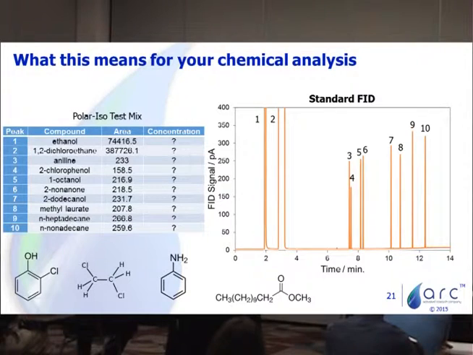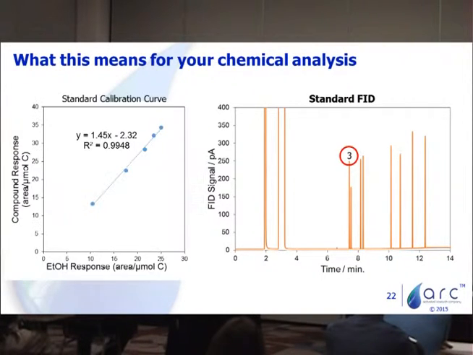So what do we all do in this situation? We do calibration curves, 5-point calibration curve. In this case, here I'm taking the response of aniline, or the third component, relative to some internal standard ethanol, area per mole of carbon, and I'm looking at the response here. So in this case, this means that aniline has 1.45 times greater response in an FID because the carbon compounds in aniline have a greater response than ethanol.